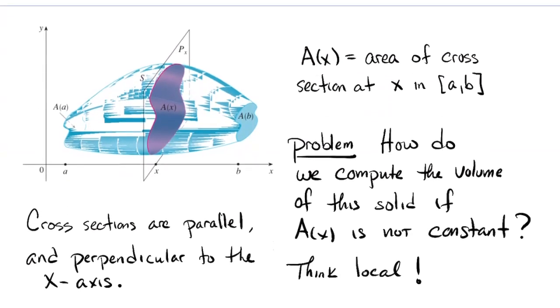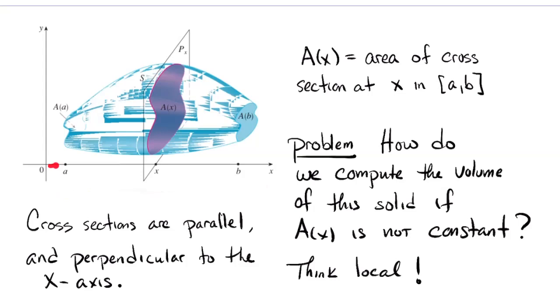Let's continue. I took this picture from your book. That blue shaded thing is supposed to be this irregular solid region. Maybe it's like a loaf of bread or something like that. And then the author is showing us that they're coordinatizing it.